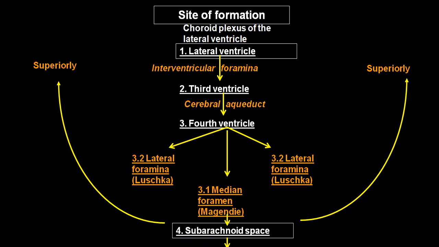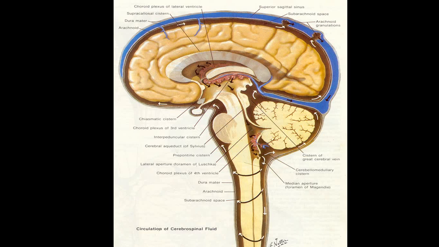And superiorly from there, it will be absorbed into the superior sagittal sinus by this small arachnoid villi, or it is also called arachnoid granulation. And then from there, via the venous sinuses, lateral sinus, internal jugular vein, superior vena cava, right atrium.